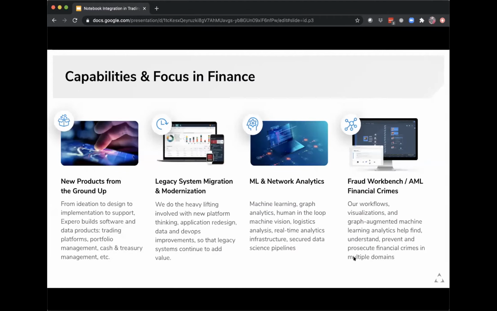While we're here to talk to you today about financial applications, we have experience in project qualifications, doing several different things within that industry, starting with building products all the way from the ground up, ideation and requirements capture with end users, all the way to building it up for trading applications, platform and portfolio management, and cash and treasury management systems.